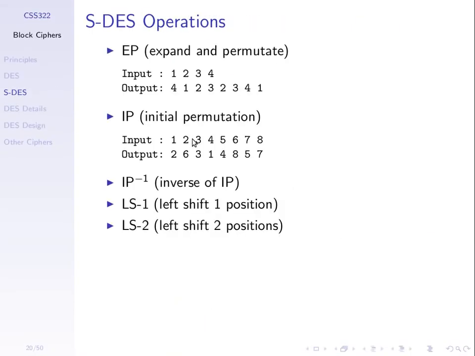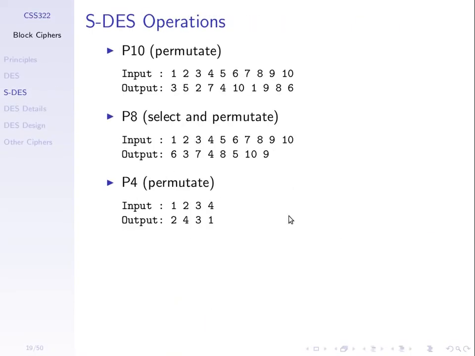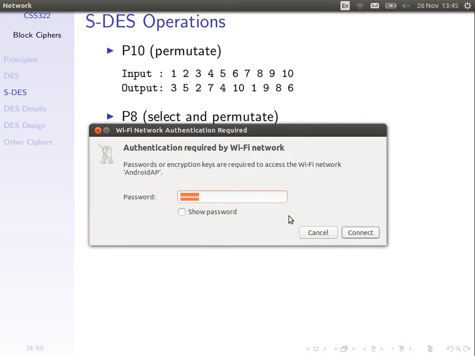P10, if we go back, is defined as: if these are the 10 bits coming in, bit 1 through to bit 10, then the order in which they come out is defined by the second row. The first bit moves to the 7th position, the 10th bit moves to the 6th position, the 3rd bit moves to the 1st position, and so on. So that's a fixed permutation. It just rearranges the bits.